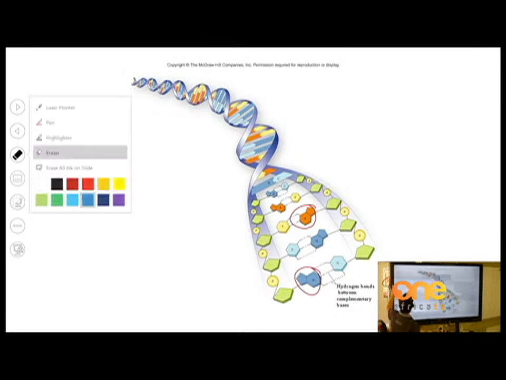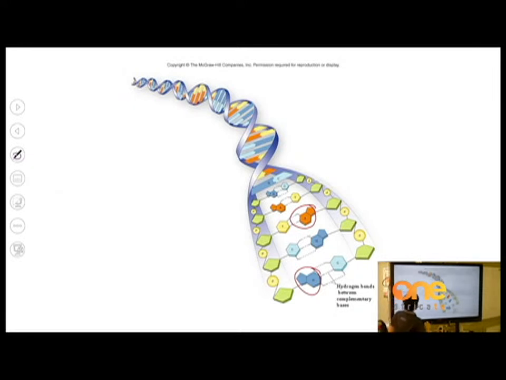And then we have the pyrimidines: thymine and cytosine are the pyrimidines. And we see that they bond with hydrogen bonds. There are 3 hydrogen bonds between guanine and cytosine, and 2 hydrogen bonds between thymine and adenine.